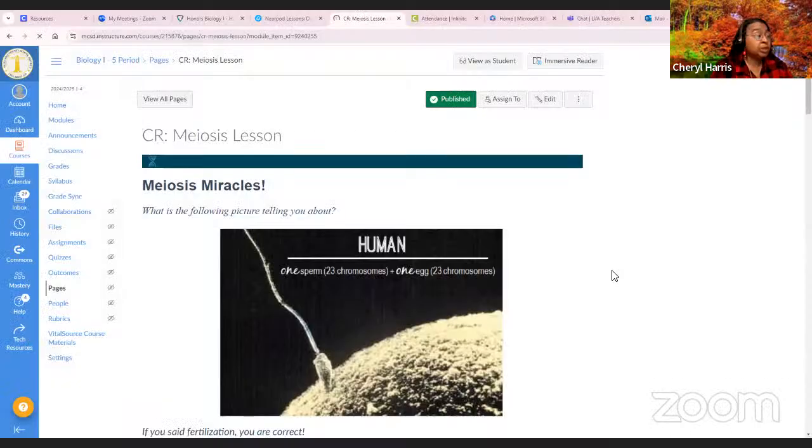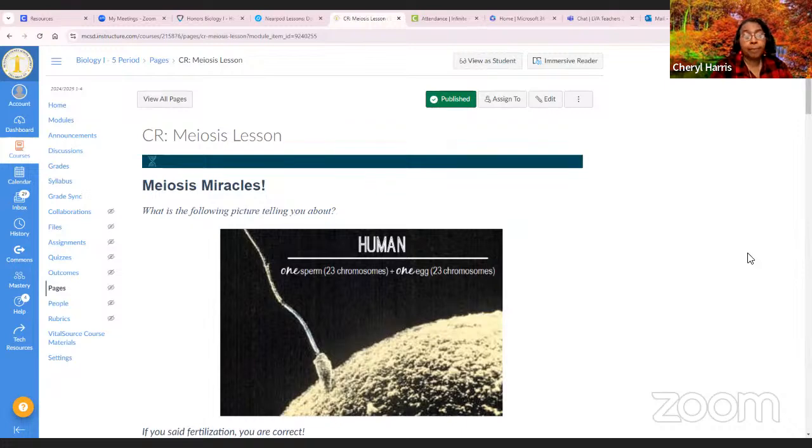So we've been talking about sexual reproduction more specifically, and we have looked at meiosis being the process of creating the gametes that are responsible for reproduction.